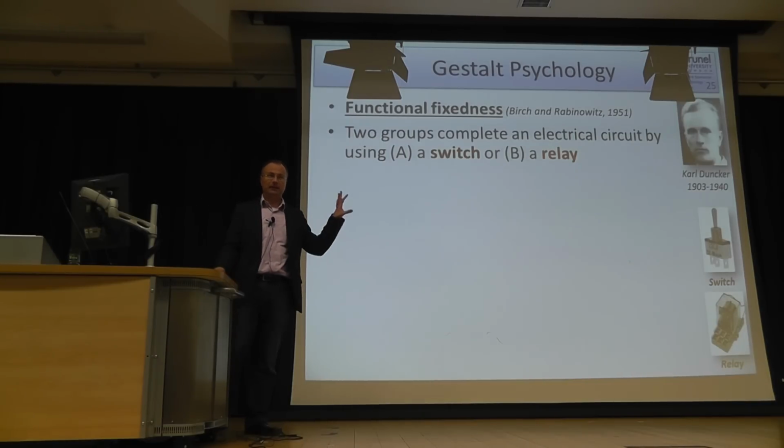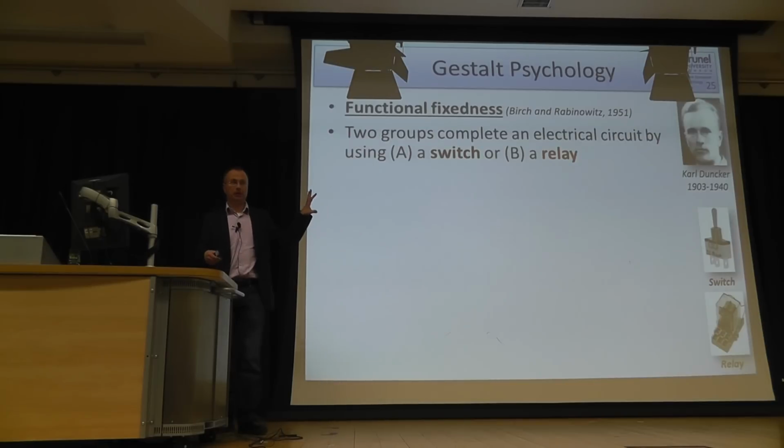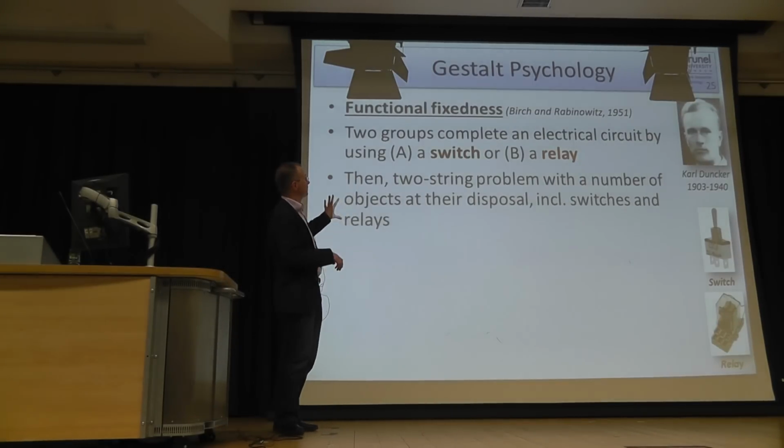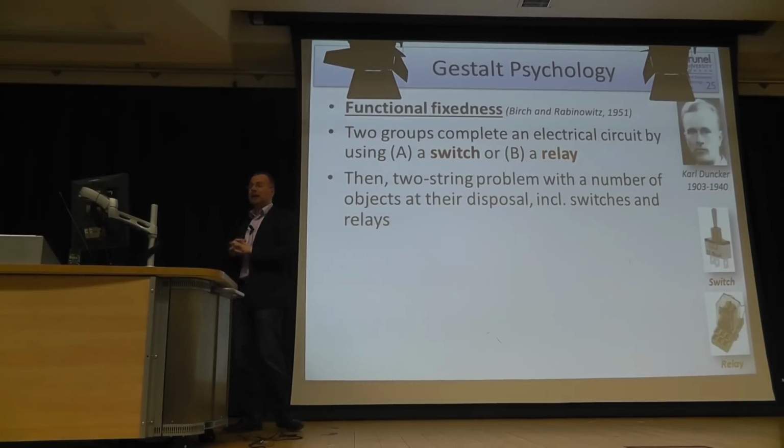And there's, at this point, nothing specific about that task. This is just the preparation phase, so to say. And then the same participants who did this task first had to solve the two-string problem. And they had a number of objects which they could use as weight, including switches and relays.